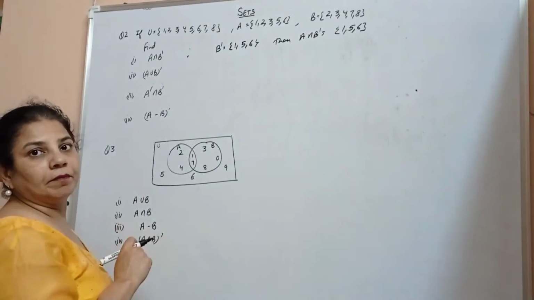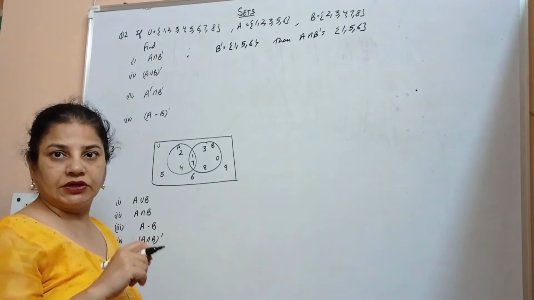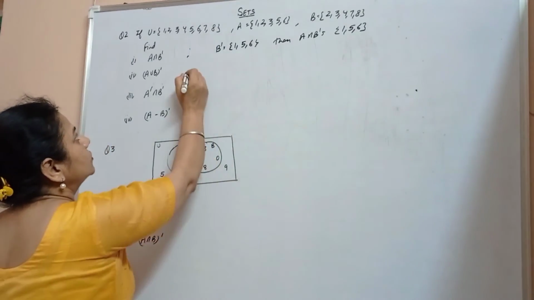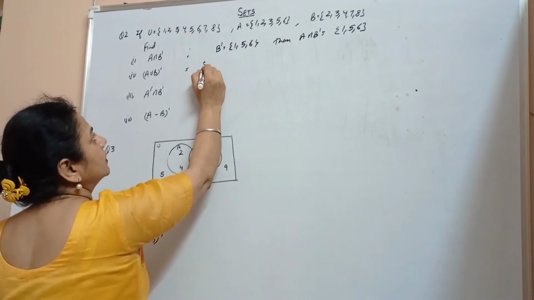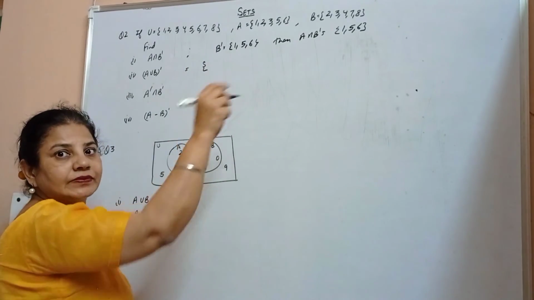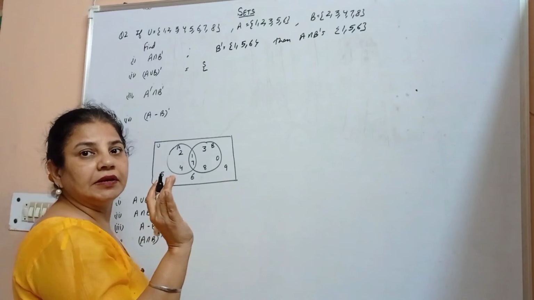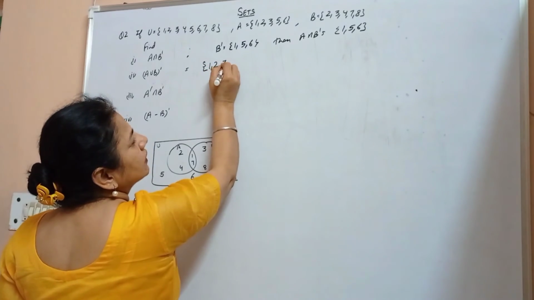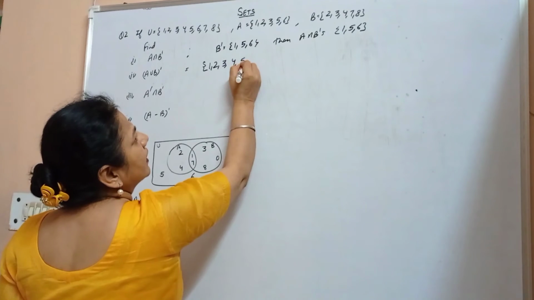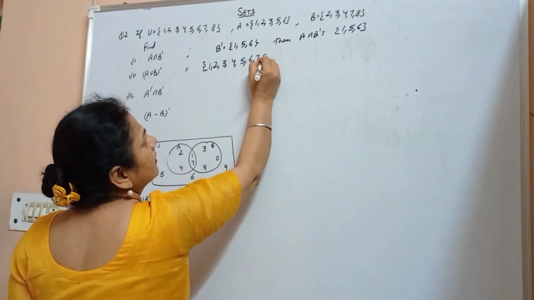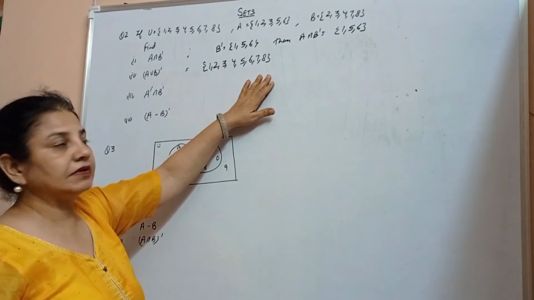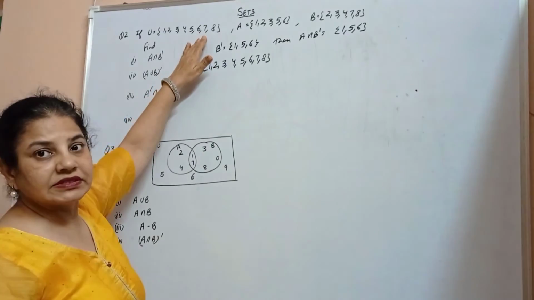Then A union B complement. First of all, I calculate A union B and then I will find its complement. So in this case, A union B is all the elements of A as well as B. Repeated elements we won't write. So I will write 1, 2, 3, 4, 5, 6, 7, 8. I observed that this is the same as the universal set.